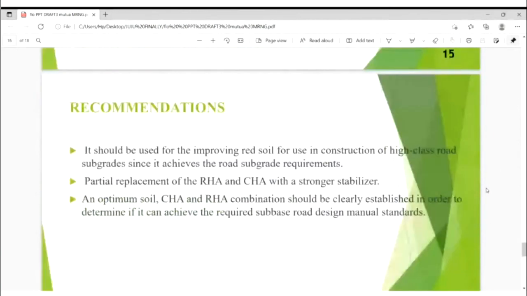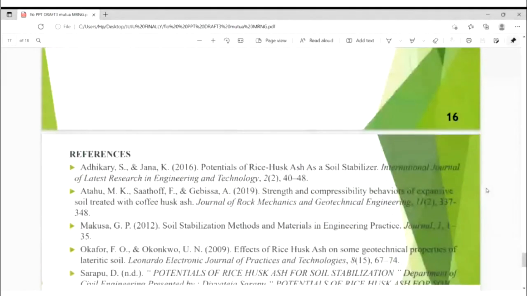So our recommendations: since it did not attain the values, it can be used for road subgrade; partial replacement of rice husk ash and coffee husk ash with a stronger stabilizer like cement or lime. An optimum soil, coffee husk ash and rice husk ash combination should be clearly established in order to determine if it can achieve the subbase standards according to the road design manuals. Thank you. These are our references. Thank you.